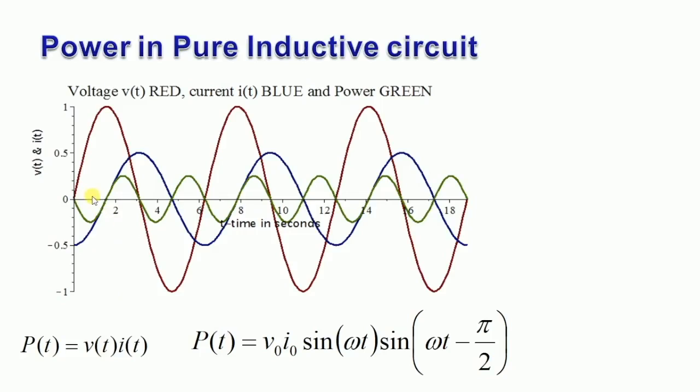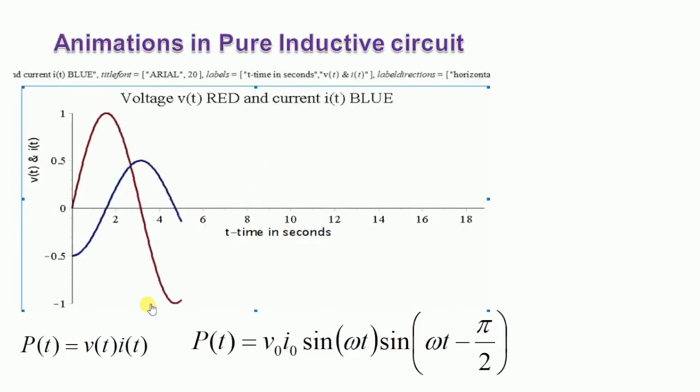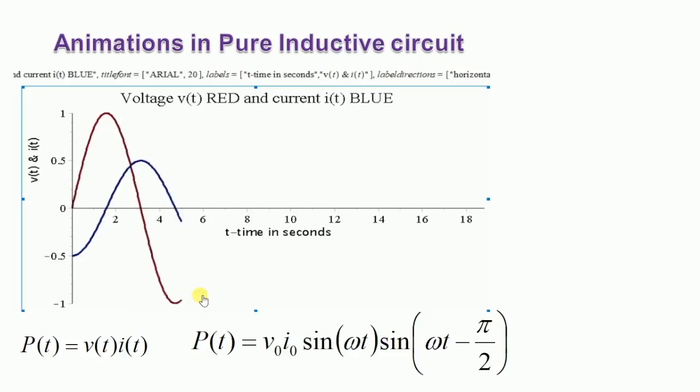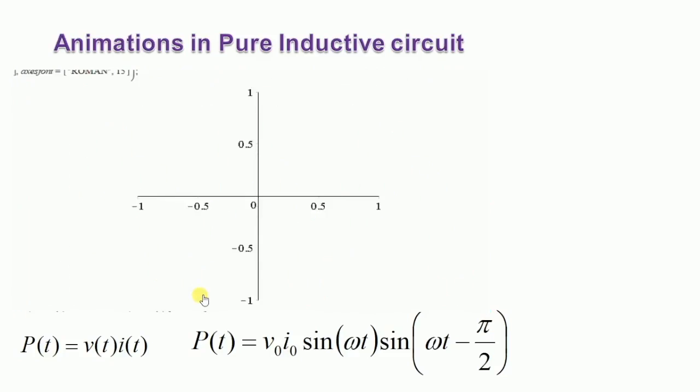So here number of cycles are being plotted on x-axis for voltage, red is reserved for voltage, blue for current, and green for power. So here we shall go through the animations which roll in real time, and you can see how the phase difference plays a role.